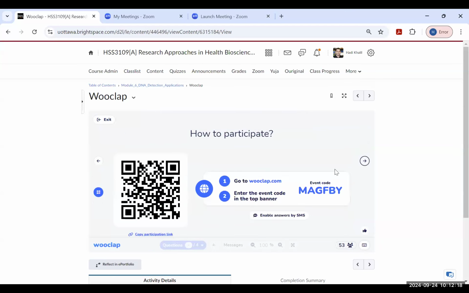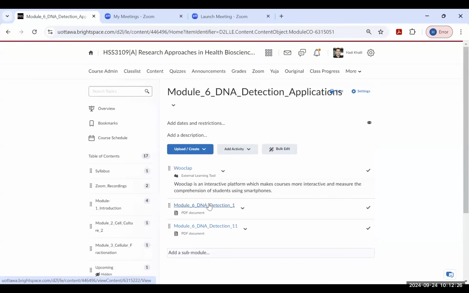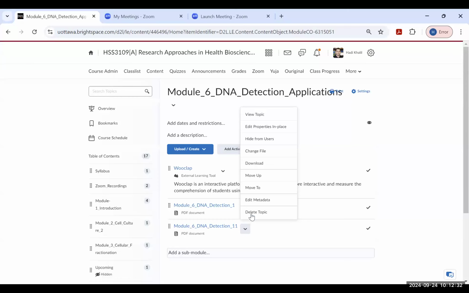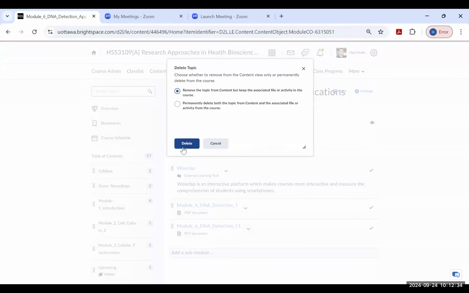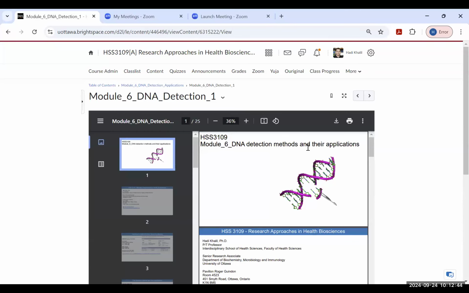So let's go to the lecture. And so this guy, I deleted that one because it's just a mistake in the name. It's only one module. It's exactly the same as the one that I have here. Okay.